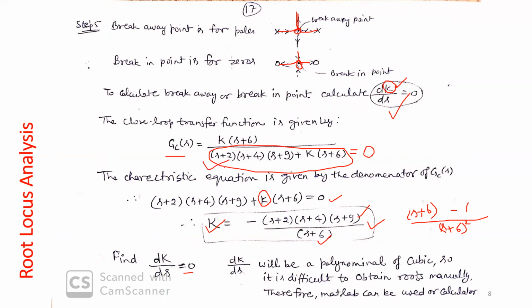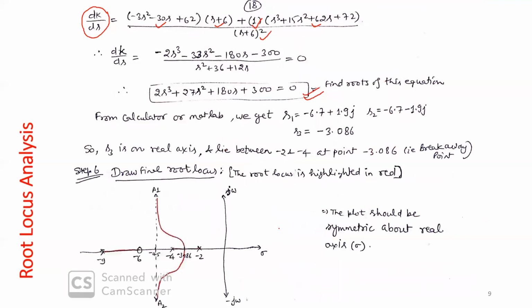Then you get your k value using this characteristic equation, and then you take the derivative of this k value, dk by ds, put equals to 0, then you get a cubic equation and get the roots of that cubic equation. For a cubic equation you cannot use the Sridharacharya formula; that is applicable only to a second order system. So here it is a cubic equation.